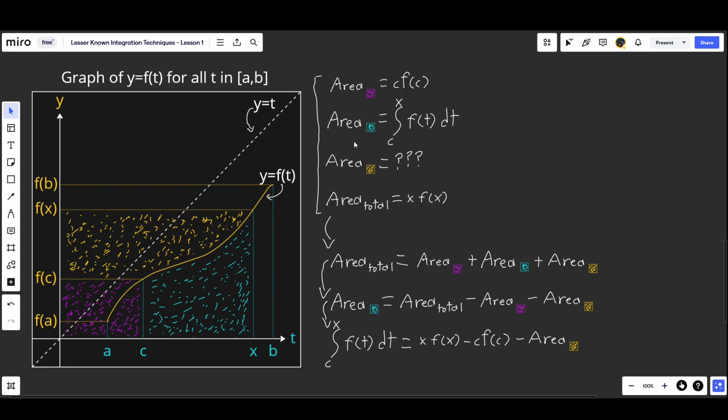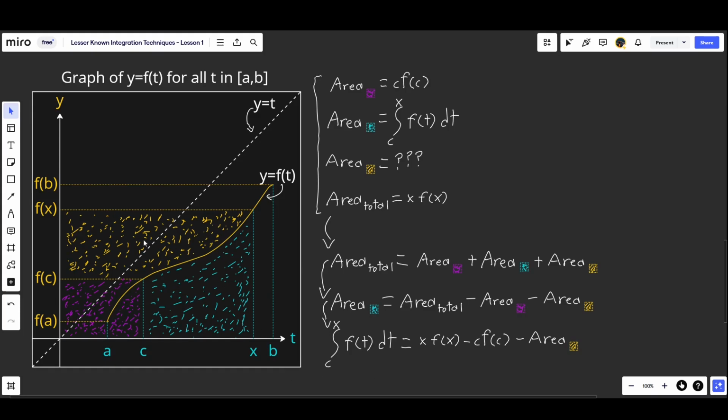And I have this marked down as the cyan area. We can view this cyan area as one of three areas that, when added together, compose the total area of this rectangle right here, which has a base of length x and a height of length f of x.